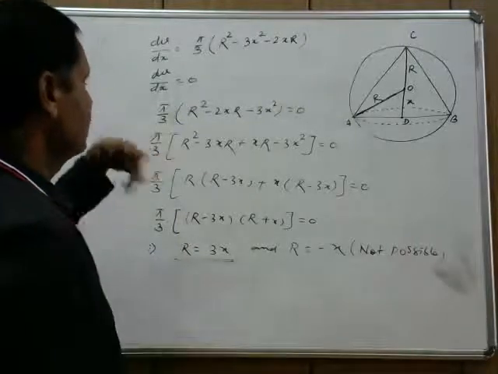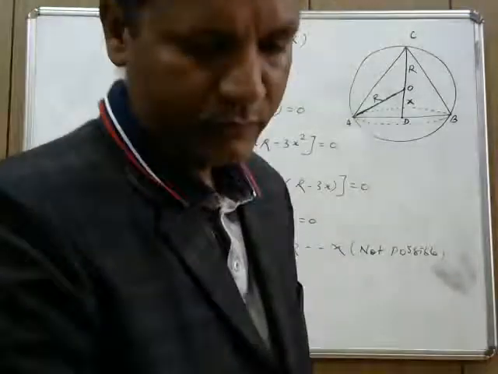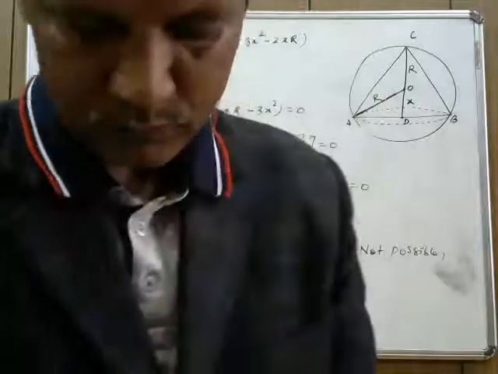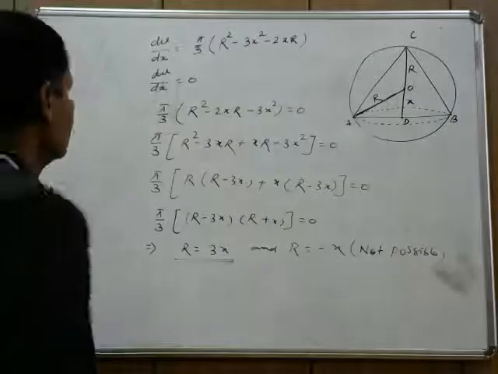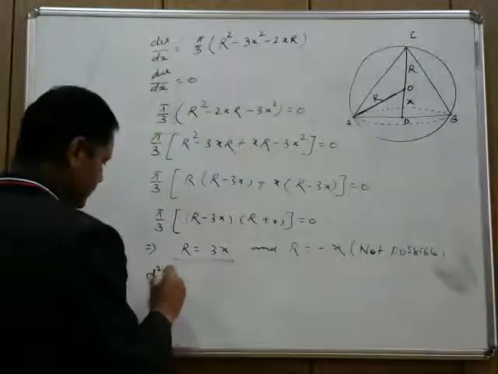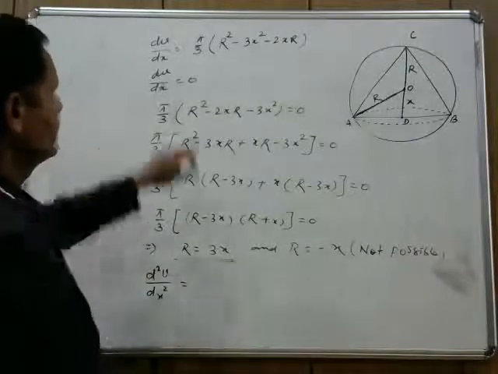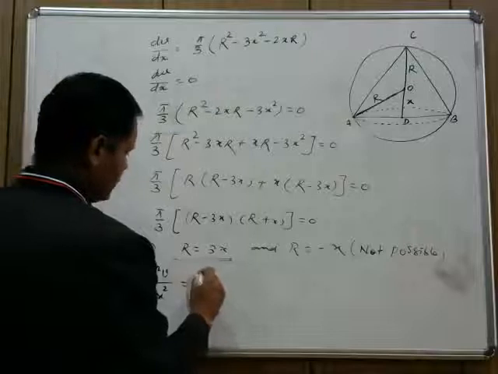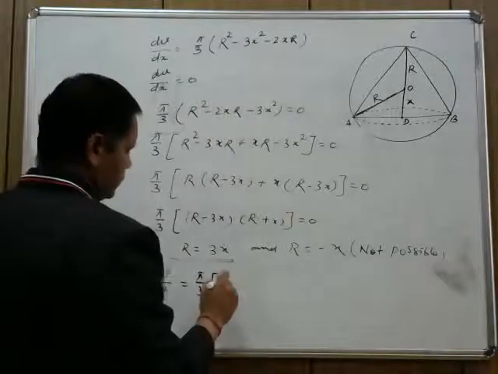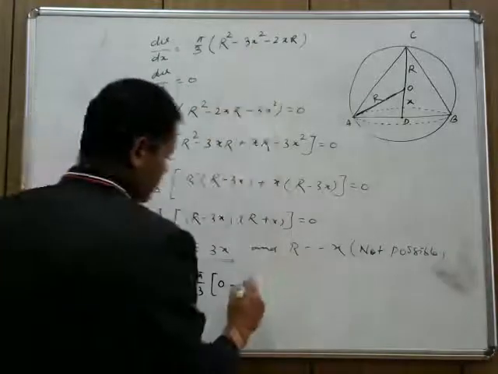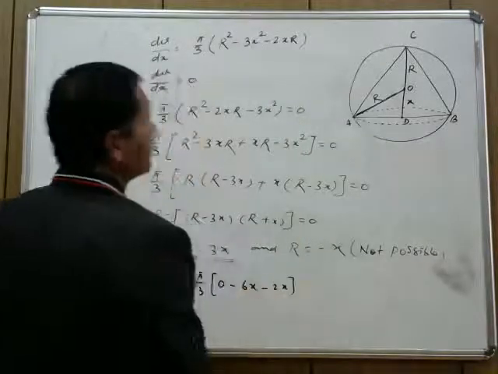Now I have to check that it will have maximum volume at r is equal to 3x. That means now I will differentiate again with respect to x. So now d square V by dx square is equal to d by dx of dV by dx, is equal to pi by 3 in bracket differentiation of r square is 0, minus 6x, minus 2xr will have simply minus 2x. Yes or no?